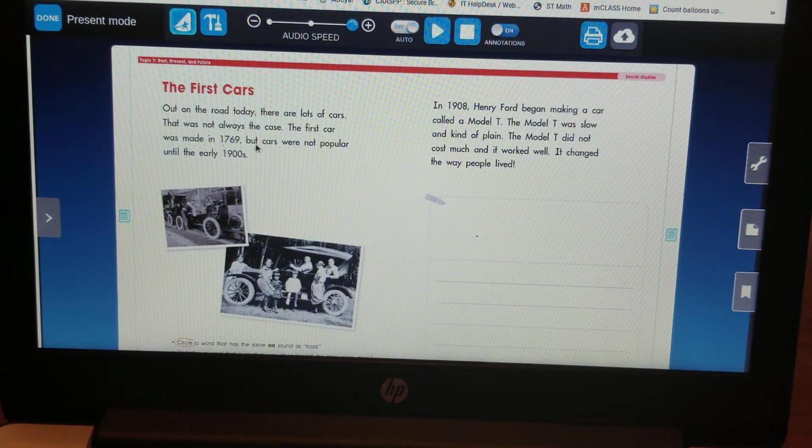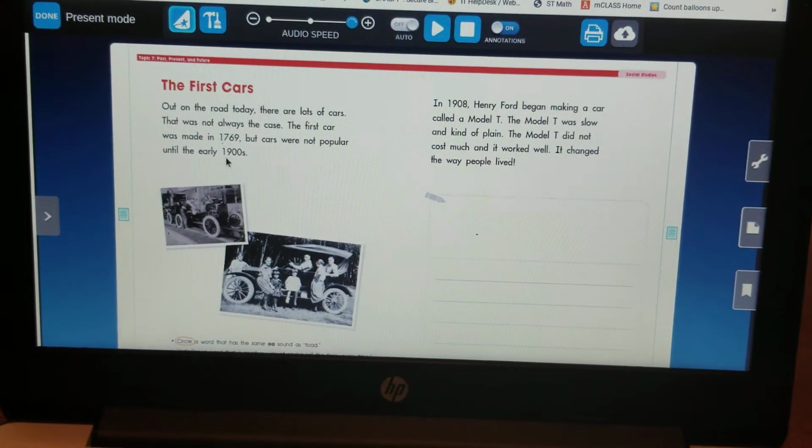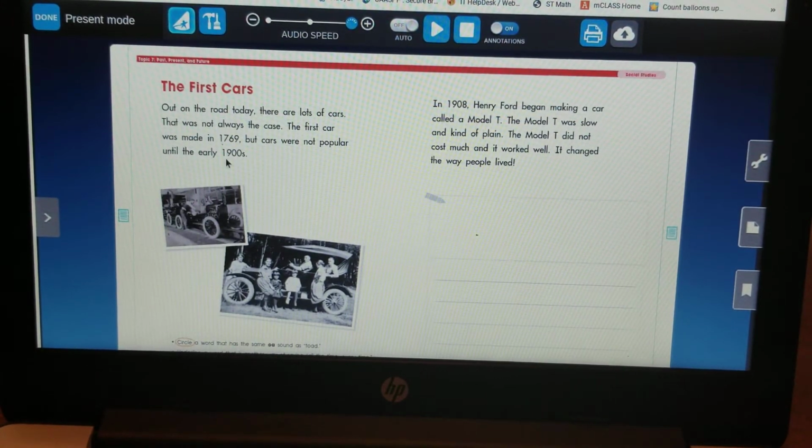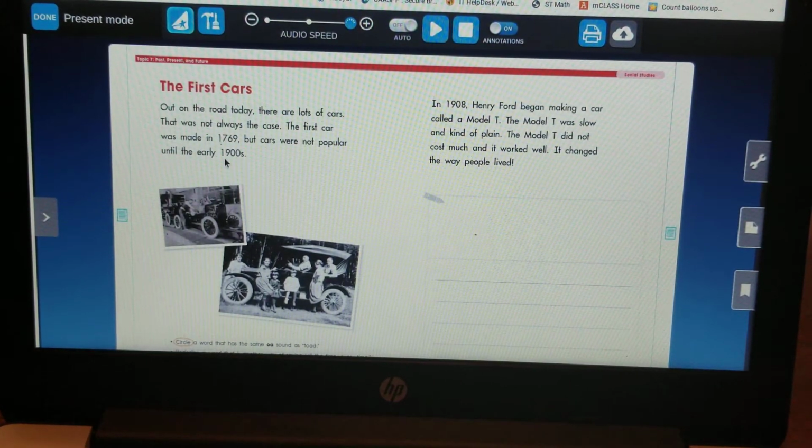And once they did that, that's why we say the cars became popular. Right now, cars are very popular. Some families have more than one car. The mom might have a car, dad might have a car, the older brothers and sisters might have cars too. So cars are extremely popular now. That was the answer to the question. When was the first car made?